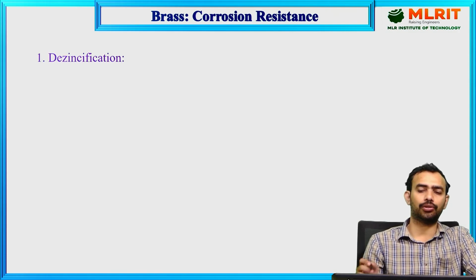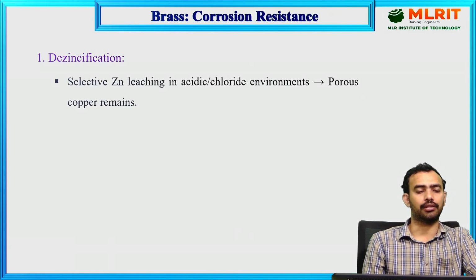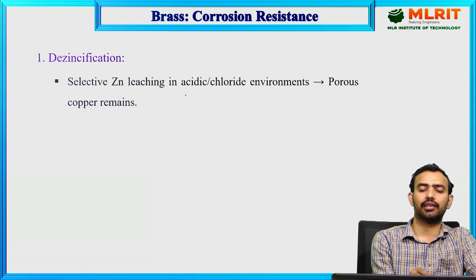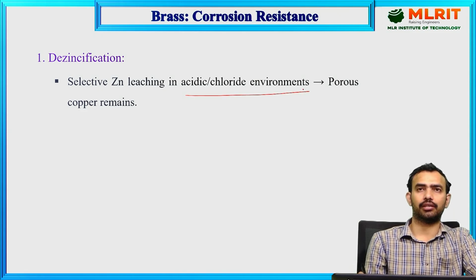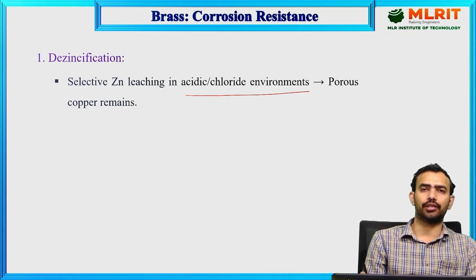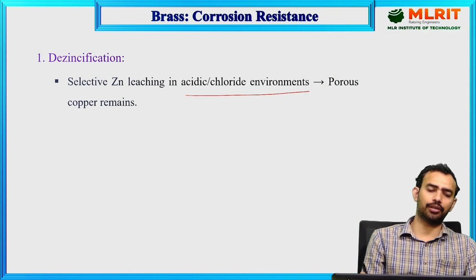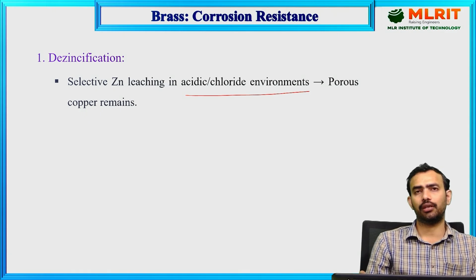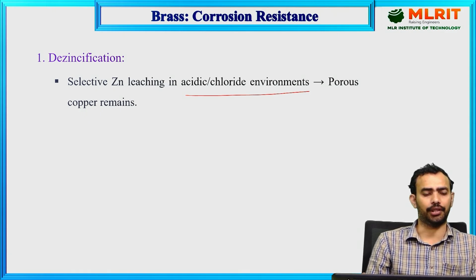If you see the corrosion resistance of brass, de-zincification, selective zinc leaching in acidic or chloride environments, is possible. If these brasses are brought into an acidic or chloride environment, we can observe zinc leaching, leaving a poor, porous copper, which significantly affects the corrosion resistance of the material.